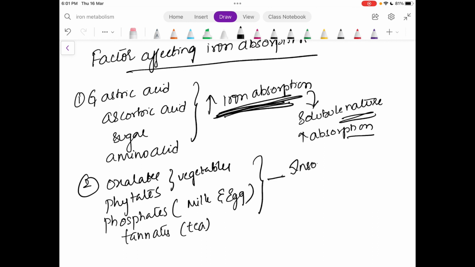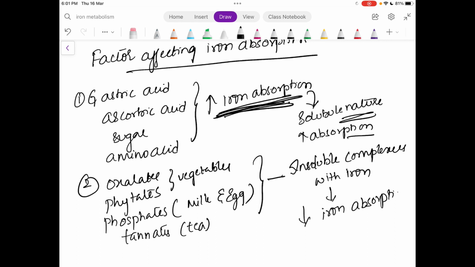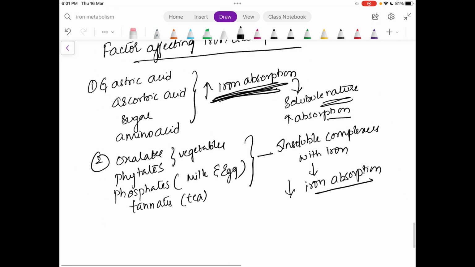All these will form insoluble complexes with iron, and they will decrease iron absorption. This is about iron absorption and transport and regulation of iron. This ends the iron metabolism.